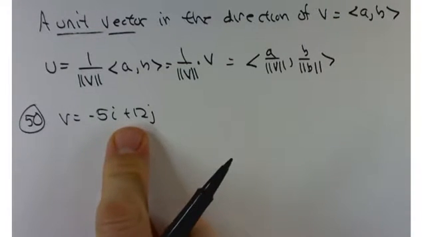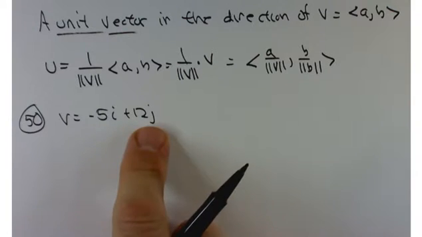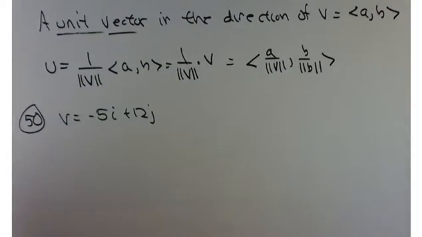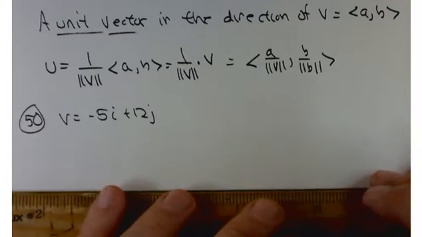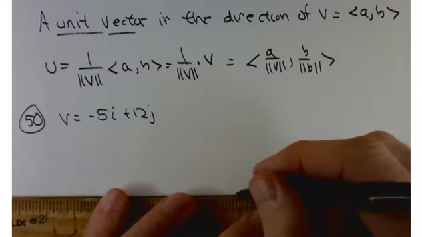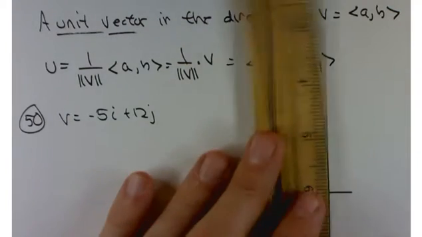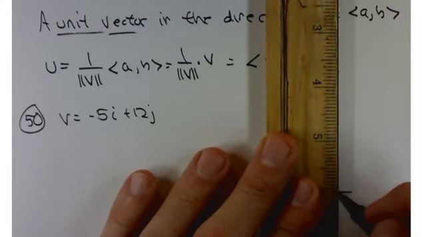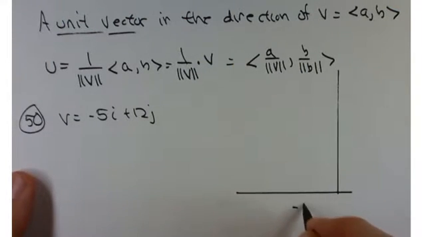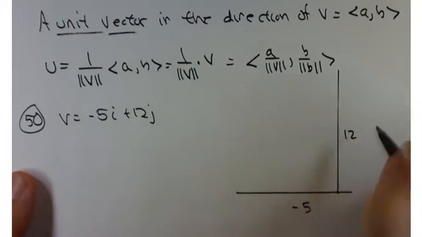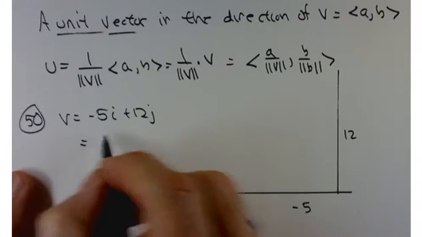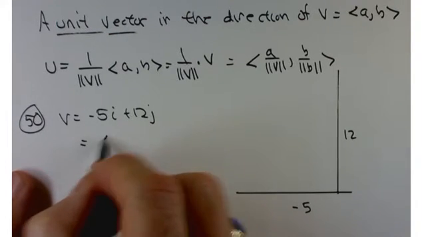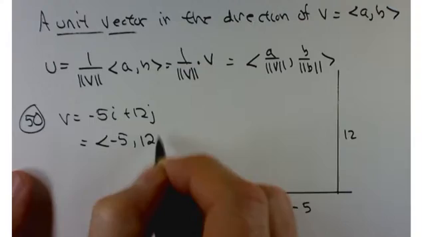Let's think about the vector negative 5 and 12. So we'll draw ourselves a little graph. So I've got a distance of negative 5 here and 12 here, right? This is negative 5 and 12.